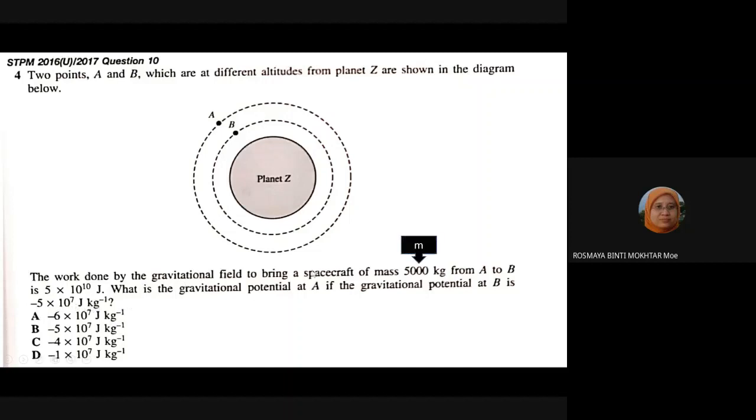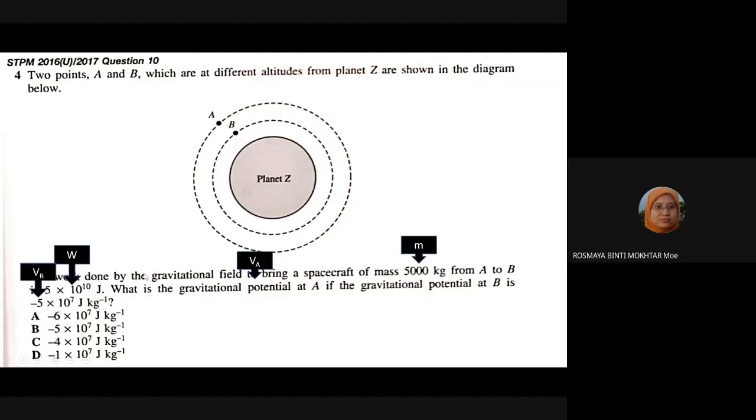So you are given the mass of the spacecraft, 5,000 kilogram, and the work done is 5 times 10 to the power of 10 joule. We are going to determine the gravitational potential at A, represented by VA, and you are given the gravitational potential at B, VB, negative 5 times 10 to the power of 7 joule per kilogram.